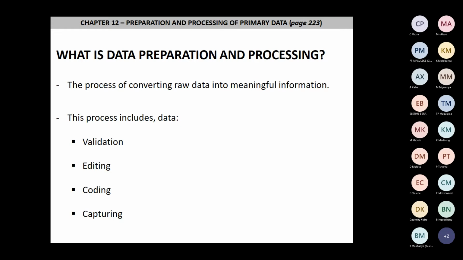And you also want to highlight the second paragraph on page 256, first sentence, talking about how to prepare and process raw primary data into useful information. And it must be validated, edited, it must be coded, it must be captured into electronic format such as a Microsoft Excel file there. So you want to highlight that sentence, which is the second paragraph on page 256, giving you some sort of a background or definition or explanation of what this chapter is all about.